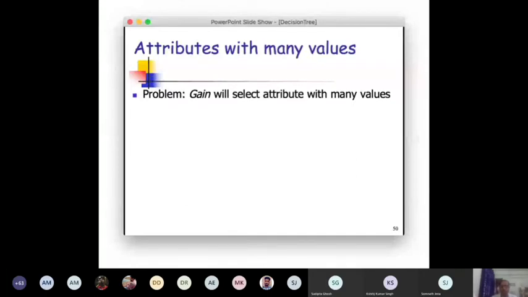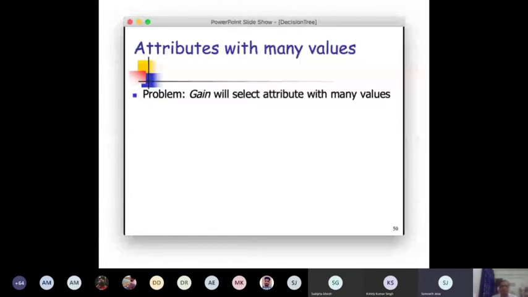Suppose an attribute has n values. So what should be the highest entropy? What could be the maximum entropy? It will depend on the number of labels.